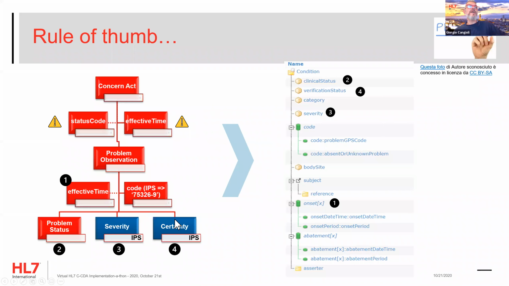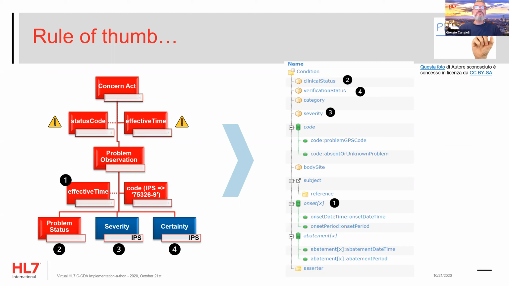That's the reason why, when we designed the IPS template, we tried to map the problem status observation into the clinical status, the severity obviously into the severity, and the certainty into the verification status. And it's clear that the status code of the concern act and the effective time have a non-direct mapping in FHIR.